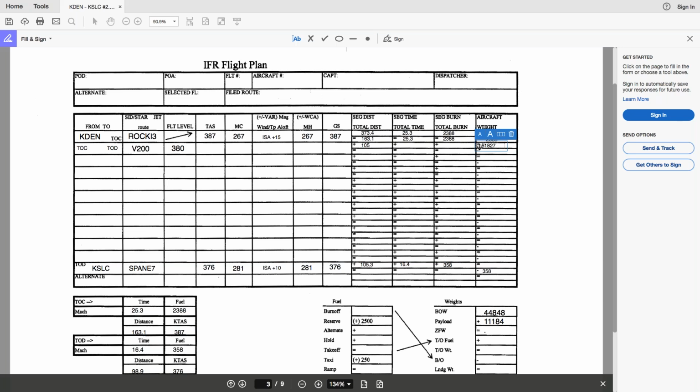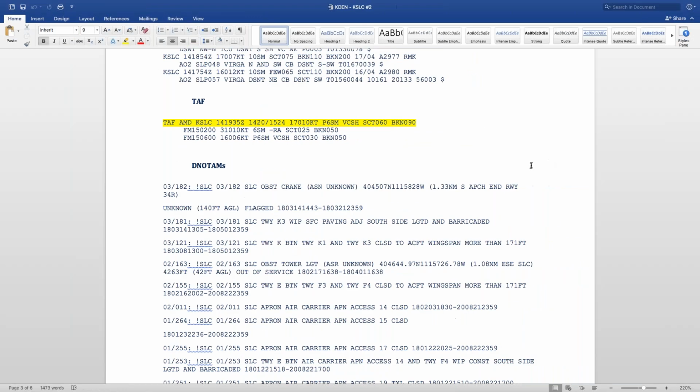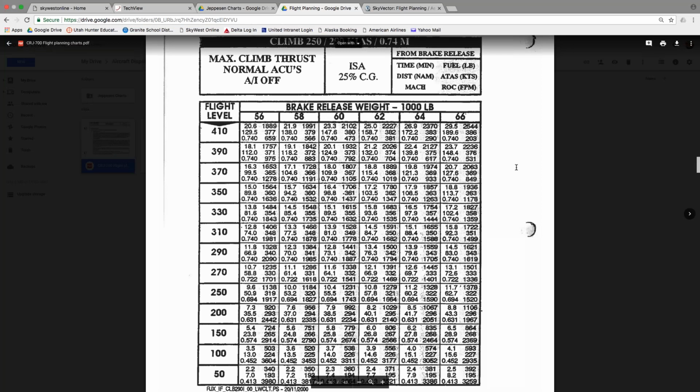So we're going to use 61,827 pounds. We're going to round that to 62,000 pounds. What flight level? 38, so 38,000.